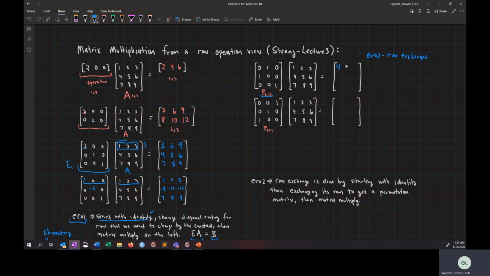And then you get just 5, and you get just 6. And then the second row is 1, 0, 0 times this matrix, which we know is just the first row by what we just talked about a second ago. And then the last row is just the last row, so it's just 7, 8, 9.